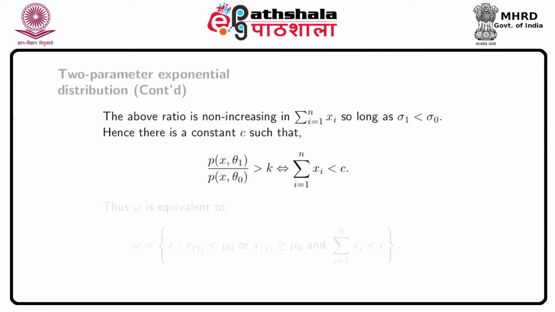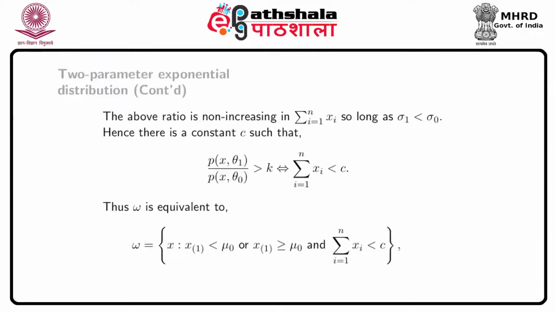The above ratio is non-increasing in summation xi so long as sigma 1 is less than sigma naught. Hence, there is a constant c such that p_x(theta 1) divided by p_x(theta naught) greater than k is equivalent to summation xi is less than c.